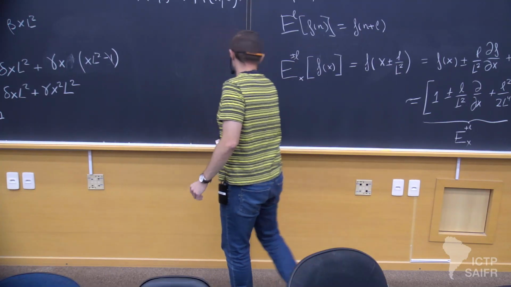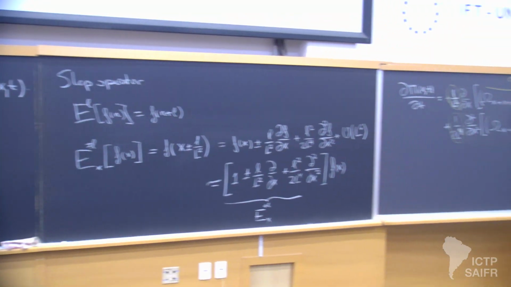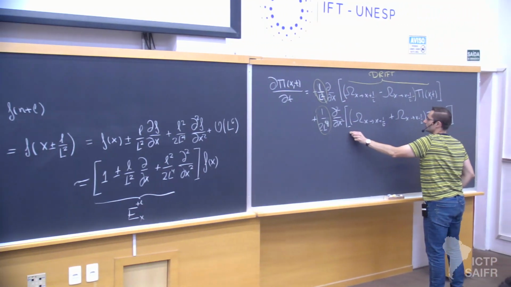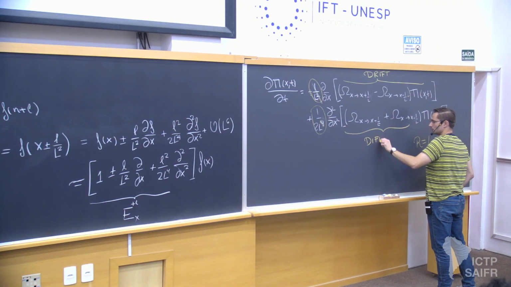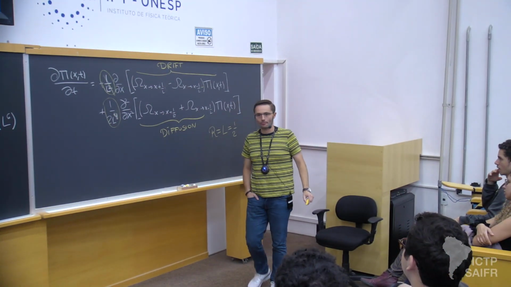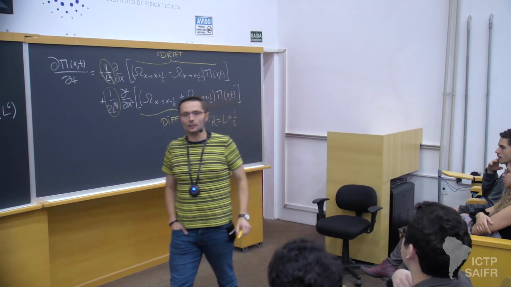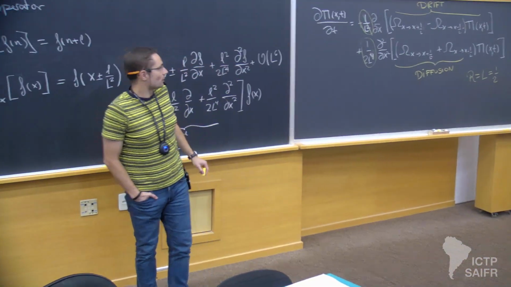So in the notes that you have online, and in many other books, they refer to this term as the drift, and this term is the diffusion. What is the second interesting thing that you see here in this equation?